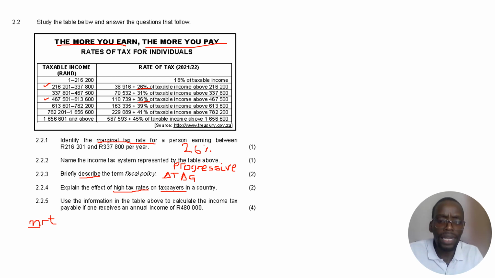Then the next one is: use the information in the table above to calculate the income tax payable if one receives an annual income of 480.